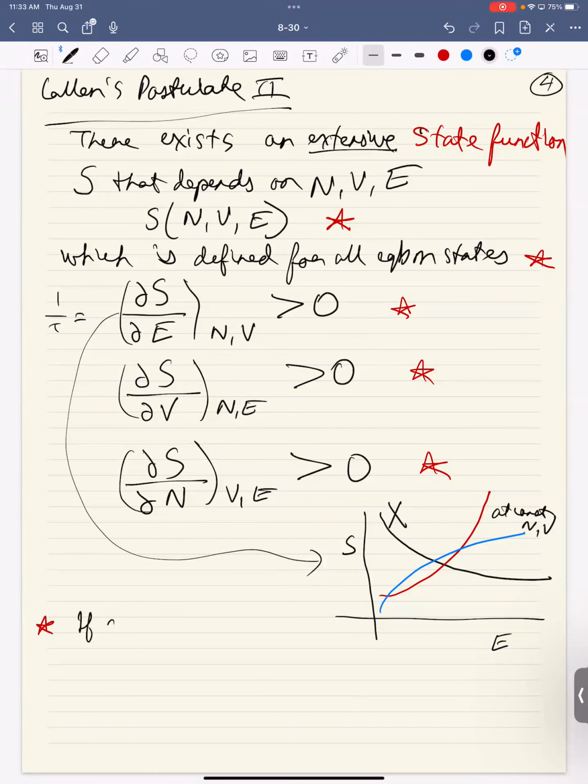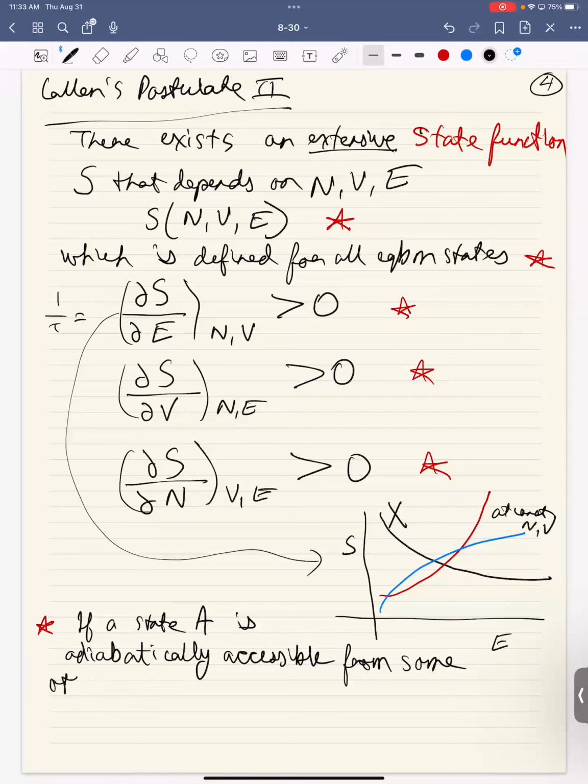If a state A of a system is adiabatically accessible from some other state B of the same system, then S_A must be more than or equal to S_B.